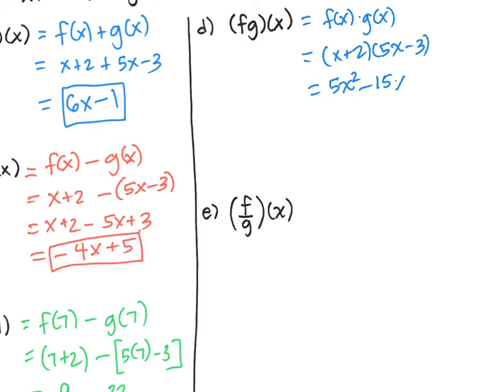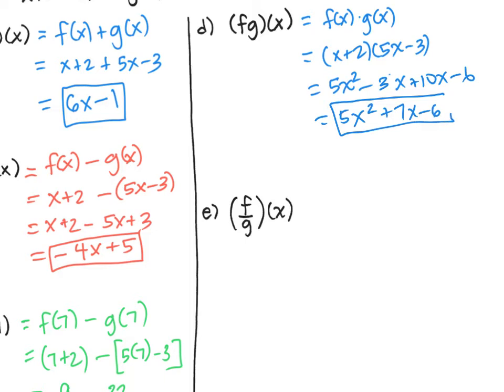So I'm going to multiply this out. When I multiply f times g of x, my resulting expression is 5x squared plus 7x minus 6.